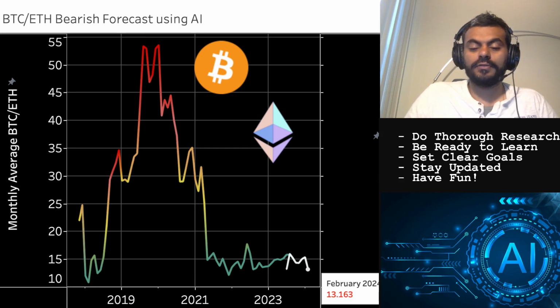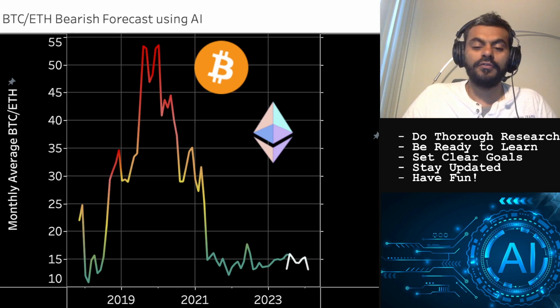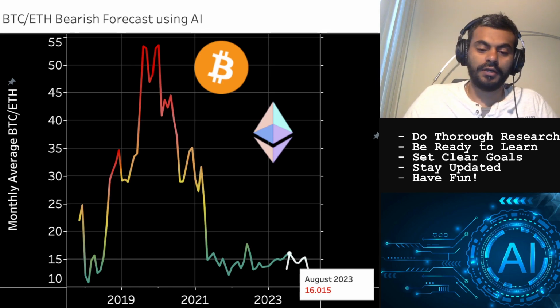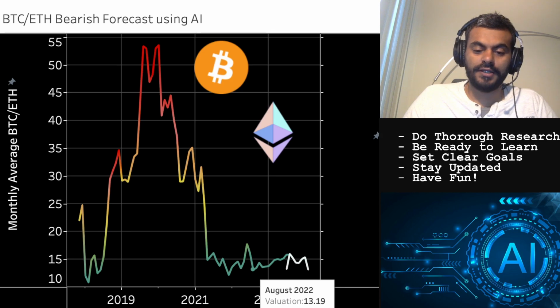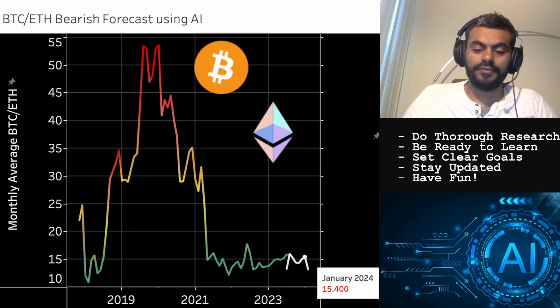February being 15.16 is the valuation that is forecasted per the AI model, and this is kind of in line with the territory that this Bitcoin divided by Ethereum price action has been following. It would be kind of like a higher low again from this territory, but then sometime in February per the model, that would be a lower low.